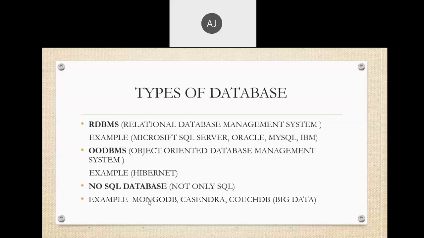What about horizontal scaling? Horizontal scaling is nothing but if your VM, virtual machine, or your instance is not capable of handling the data, then automatically another instance will be created horizontally. If those two instances are not able to handle the queries, then automatically one more instance will be created horizontally.